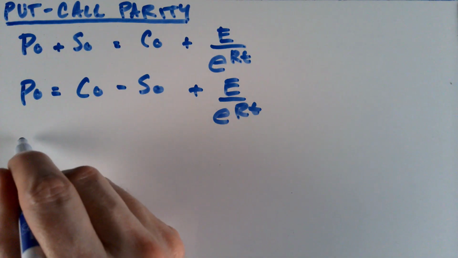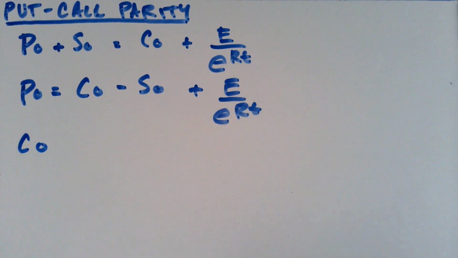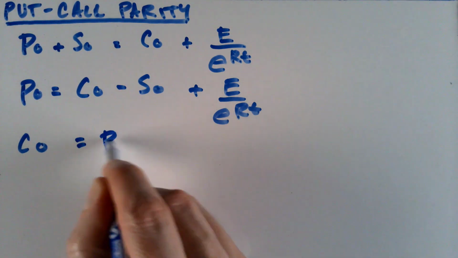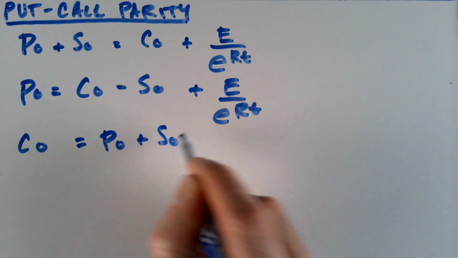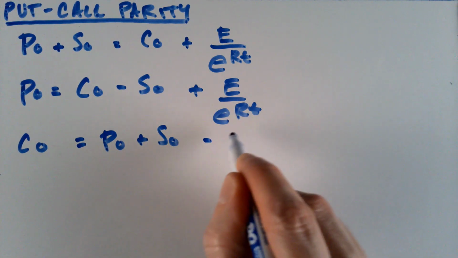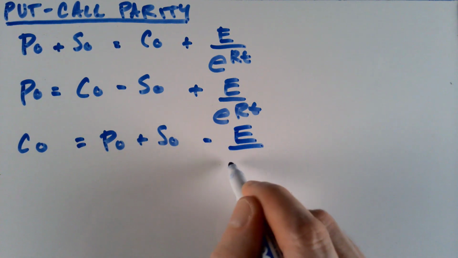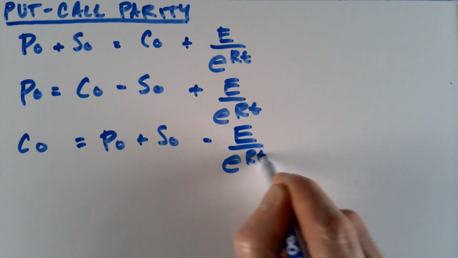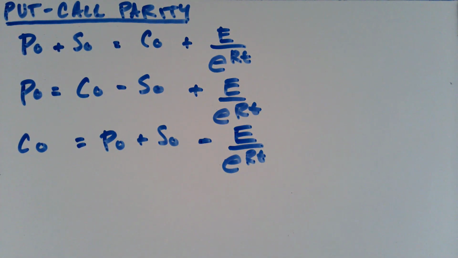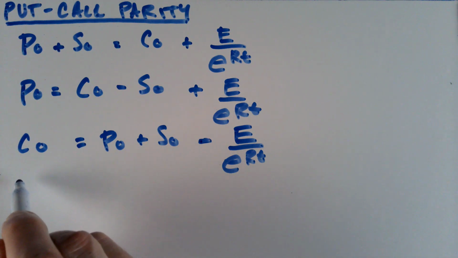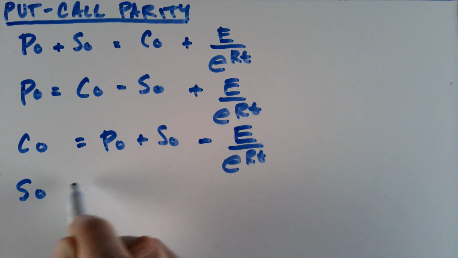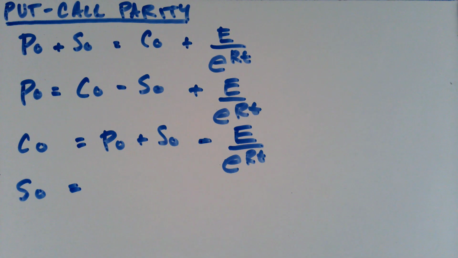We can also solve that formula above for C sub 0. It's equal to P sub 0 plus S sub 0, and we subtract the strike price divided by e to the RT. We could also find out what is the value of the stock at current. All we have to do is subtract P sub 0 from both sides.